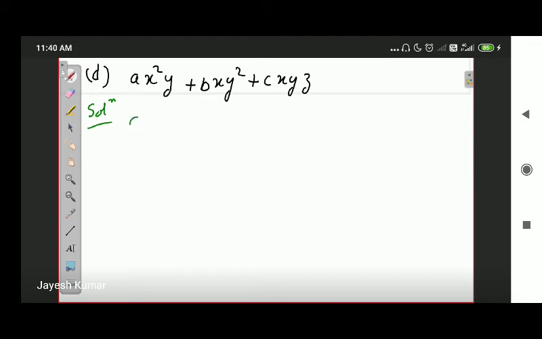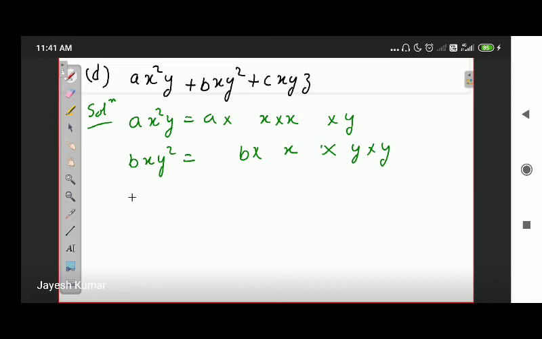So first of all, a x square y will be a into x into x into y. Then b x y square will be b into x into y into y, and then c x y z will be c into x into y into z.